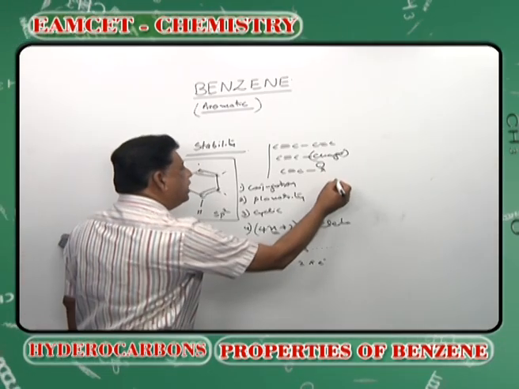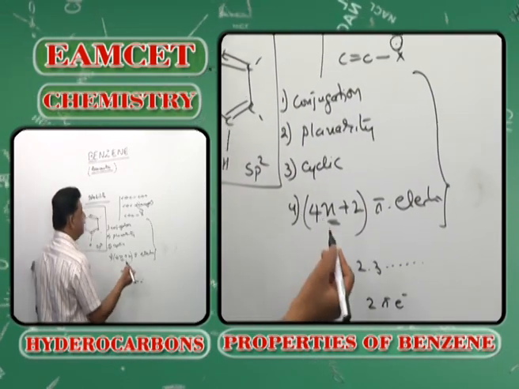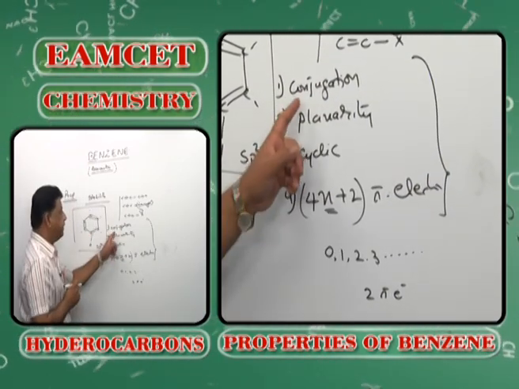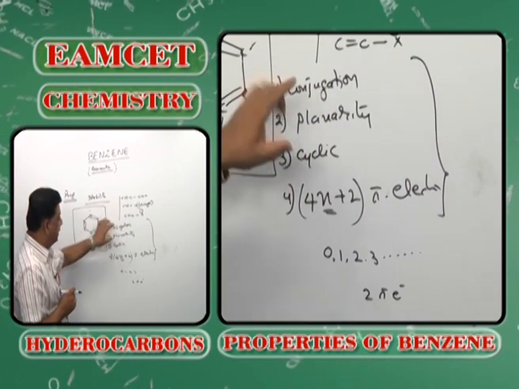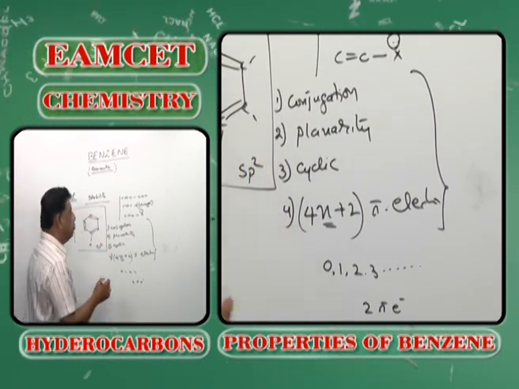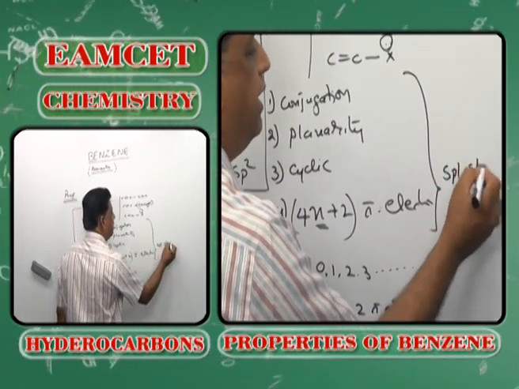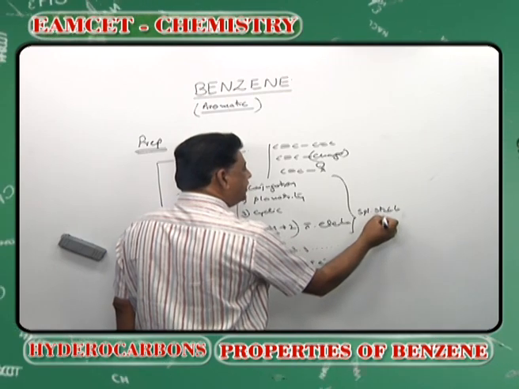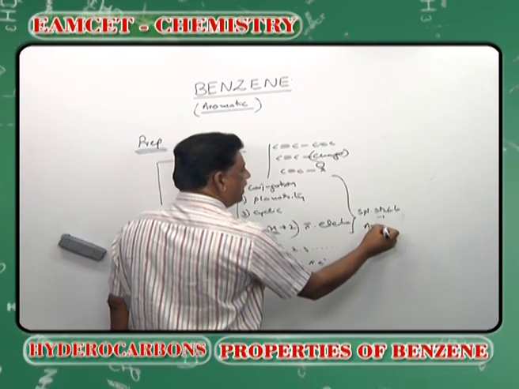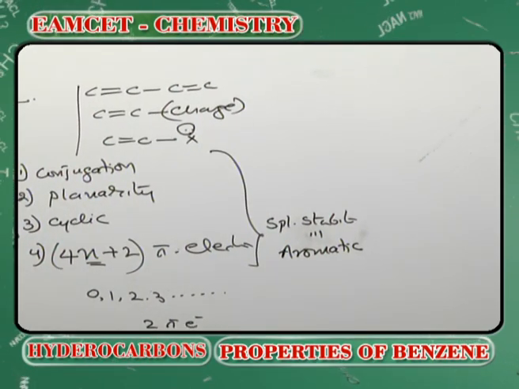Okay. So when all these 4 conditions are fulfilled, there comes one special stability. Conjugation gives stability, okay, but conjugation in addition to these 3 special points is going to give some special stability. Special stability is nothing but the aromaticity. Aromatic nature means the compounds have got utmost stability.